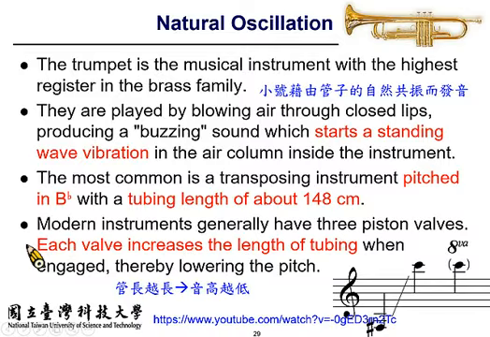So taking the trumpet for example, the total length of its tube, I forgot, do you press down to make the tube longer or shorter? Okay, each valve increases the length of the tube.